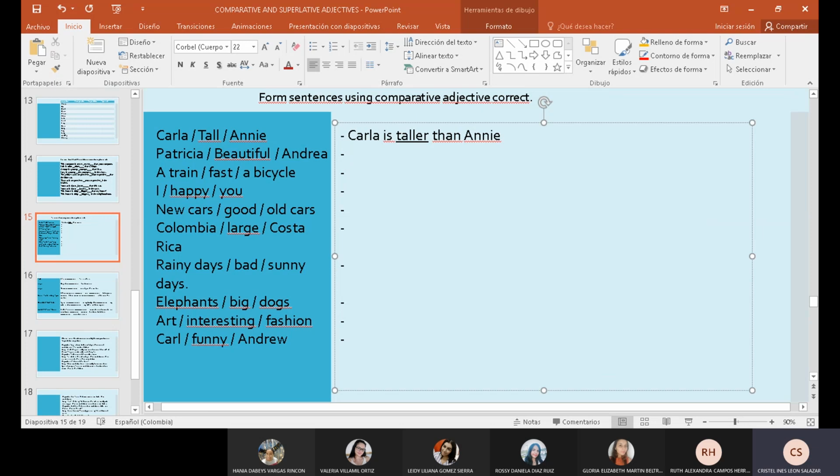Okay, Hania, please help me with the second sentence. Patricia is the beautiful that Andrea. In comparatives, beautiful would be more beautiful.